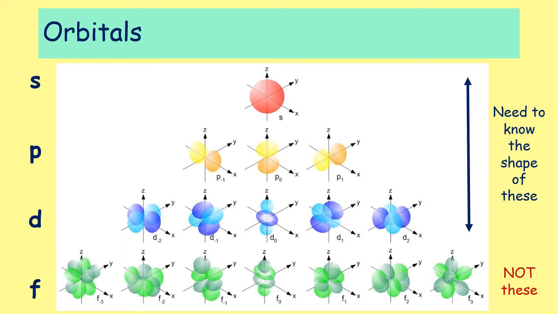Now, these letters, s, p, d and f, might seem a bit random, but they come from the form that the lines in the emission and absorption spectra look like for these types of orbitals. So the s orbitals are called s orbitals because the spectral lines that they produce are sharp.